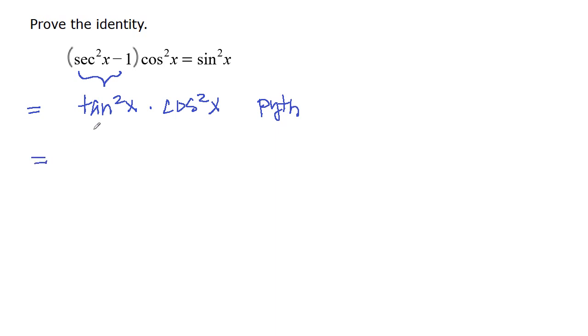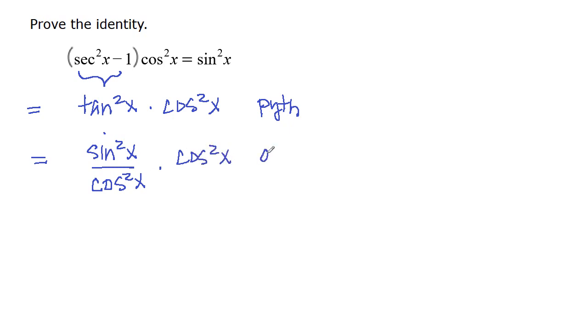And then let's see, let's trade out that tan squared for sine x over cosine x squared, which will be sine squared over cosine squared. If you'll let me do 2 algebra steps in one. Or actually, that would be quotient identity plus algebra. And then times cosine squared x.